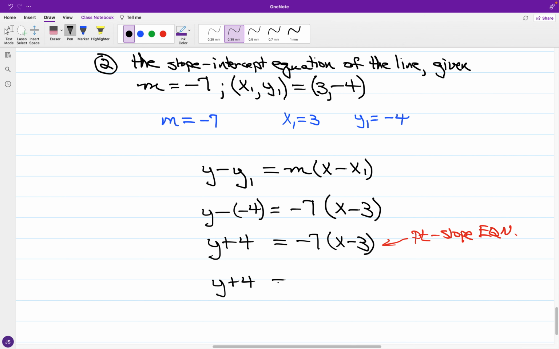So we've got y plus 4 on the left, and distributing -7 over the quantity of x minus 3, I'm going to have -7x plus 21.